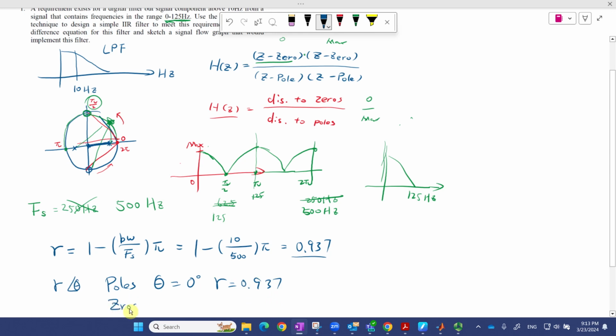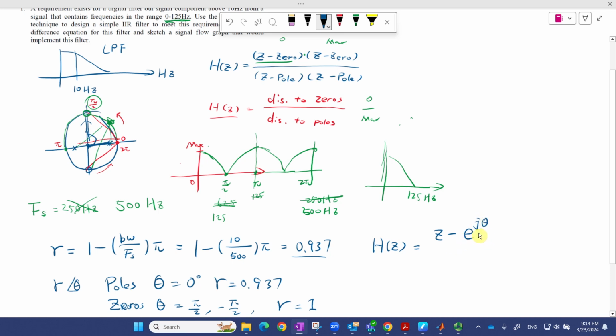For zeros, the angle is, one is 90 degrees, one is half pi, another is negative half pi. The R is just 1, it's at the unit circle. So we can write the expression for this filter as z minus e to the power of j theta, the angle.